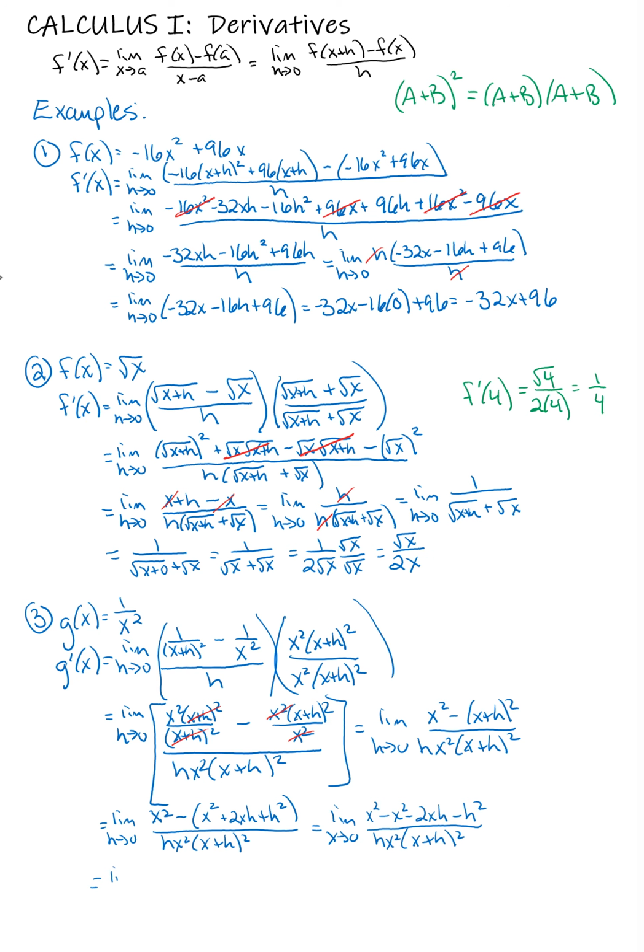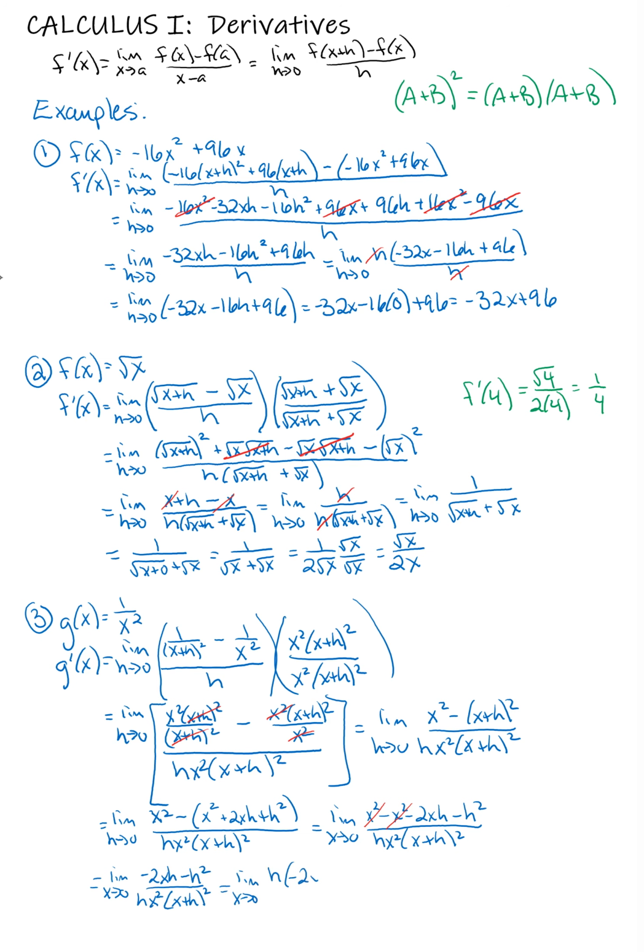And now in the numerator, I see I can combine the x squared and the negative x squared. So we get negative 2xh minus h squared. And again, I notice that I have an h in the denominator and h's in each of the numerator terms. So we'll go ahead and factor out an h in the numerator.